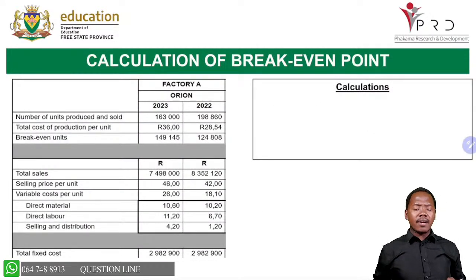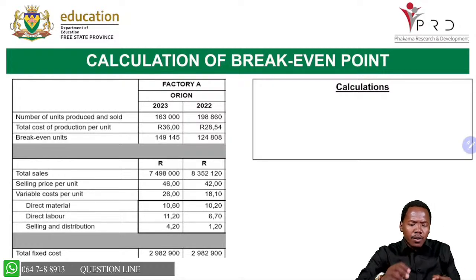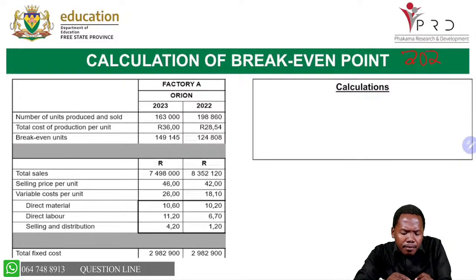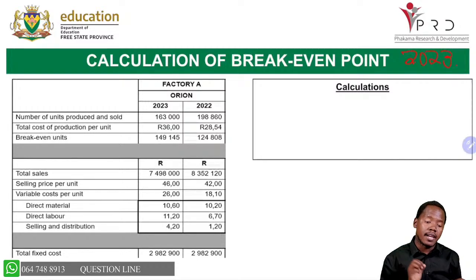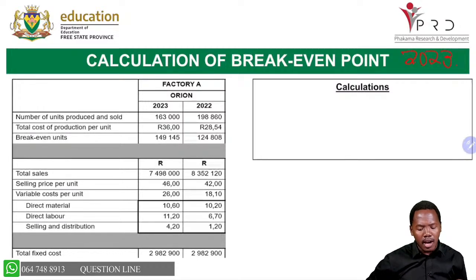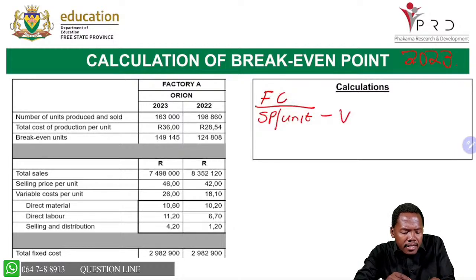Now, here it says calculate the break-even point. I'm just going to allow you 2 minutes to calculate the break-even point for 2023, meaning you are going to use the figures for 2023 for this Orion Factory A. Just to assist you a little bit, remember our formula says fixed cost divided by selling price per unit minus variable cost per unit.